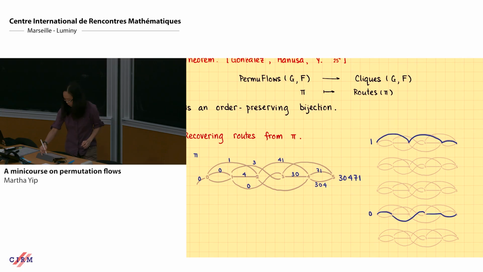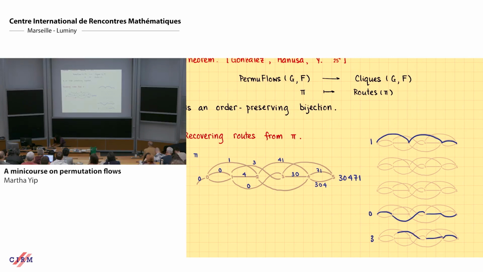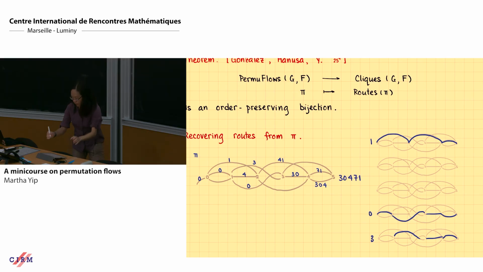Now it gets a little bit trickier. For example, 3. If I follow 3 back, well, 3 ends there. How do I complete that to a route? Let me just draw that suffix. That's where direct splits come in. I look at what it's a direct split of, and I follow that direct split backwards. Before, we were saying that 3 is a direct split of 0. I then have to follow it backwards.